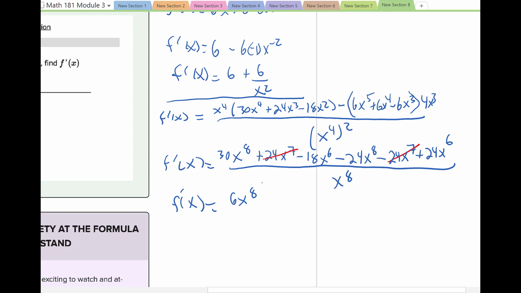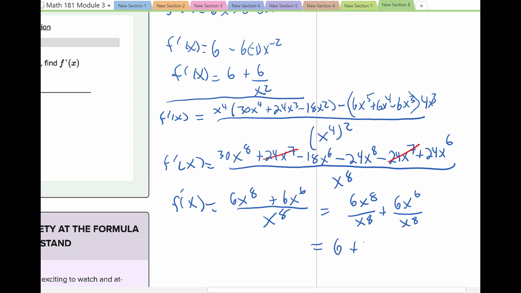Then I have a minus 18x to the 6th plus 24x to the 6th is going to be plus 6x to the 6th, all over x to the 8th. So this becomes 6x to the 8th over x to the 8th plus 6x to the 6th over x to the 8th. So it's 6 plus 6 over x squared. Hey, it's the same answer.